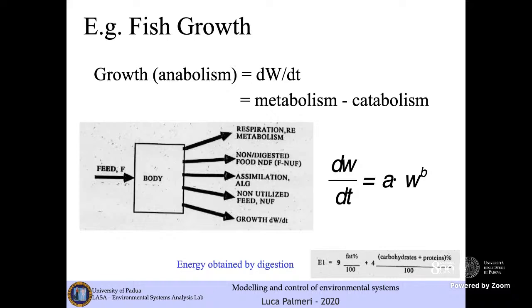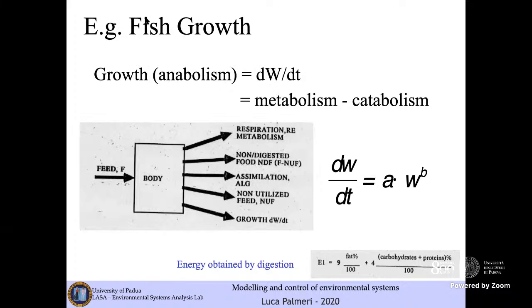In this case, we may write, and this is another way of casting the continuity equation or energy conservation principle, that growth or anabolism is equal to the variation in time of the weight of the animal.